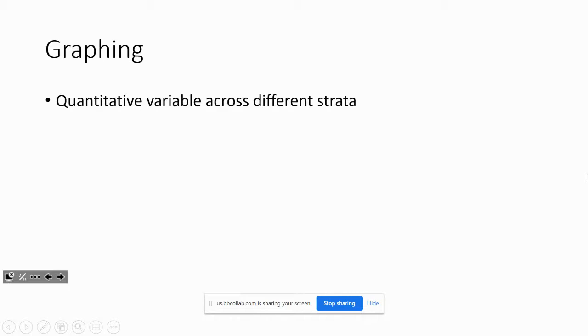All right, so let's start by briefly talking about graphing data from stratified samples. So if we have a quantitative variable that we're interested in studying, and we want to graph it across the different strata in our population, we can think of the different strata as being different values of a categorical variable that's dividing our population up into groups.